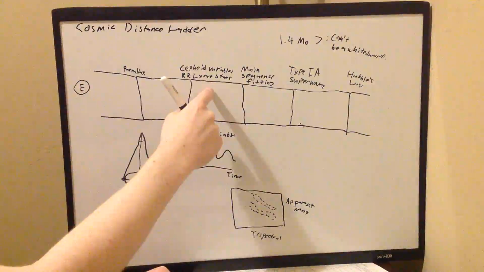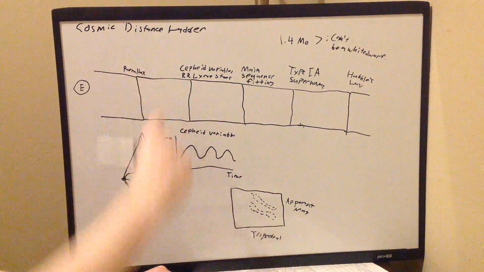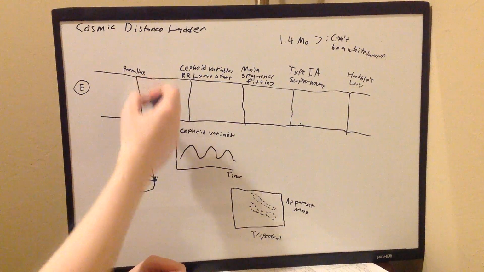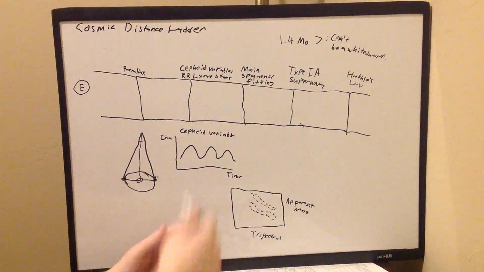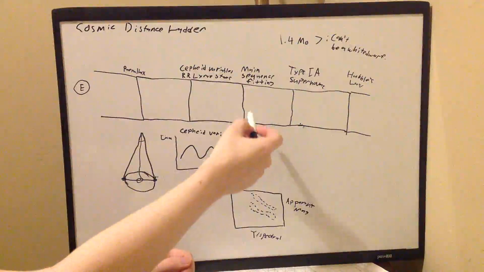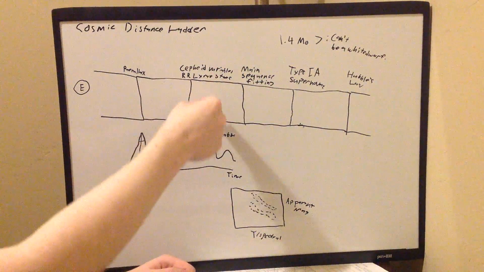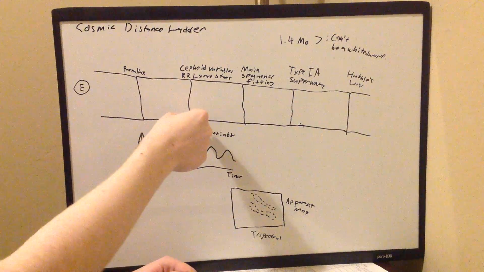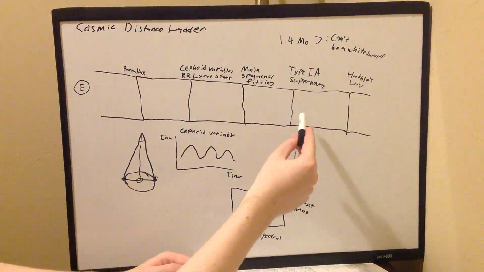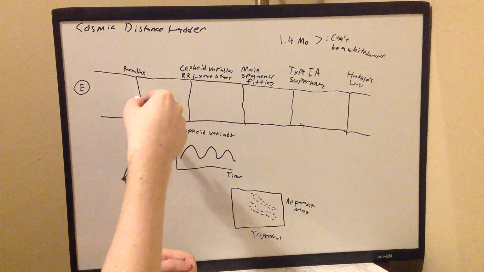If we're basing it off of what we know about the previous step, it also inherits the previous step's inaccuracies as well. Because any inaccuracies in this get factored into the assumptions we make to use this. And then main sequence fitting, therefore, in addition to its own inaccuracies, inherits the inaccuracies of Cepheid variables and the inaccuracies of parallax. And type 1a supernovae inherit the inaccuracies of main sequence fitting and Cepheid variables and parallax.